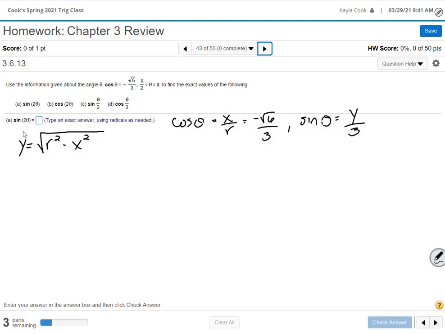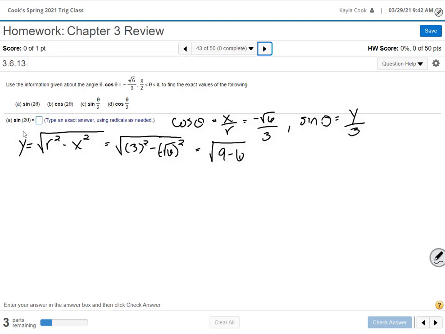So now I plug in x and r underneath my square root here. So r is 3, and then x is negative square root of 6, squared. Oh my goodness, include my negative sign there. So when I simplify that, I get 9 minus 6, because negative square root of 6 is going to square out to positive 6.